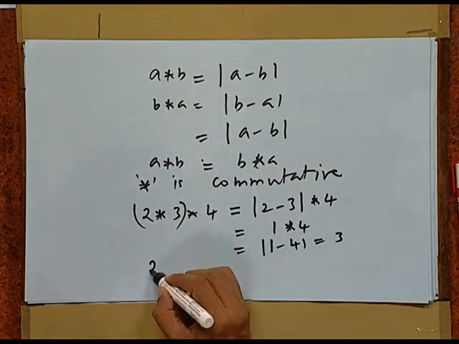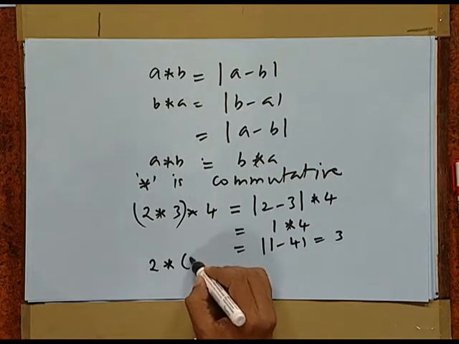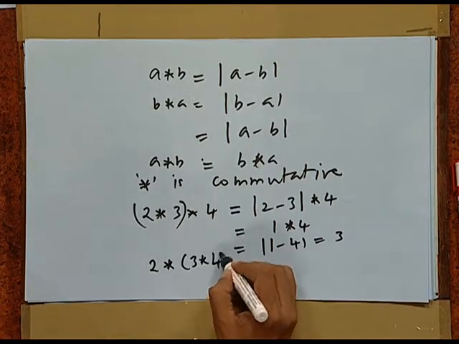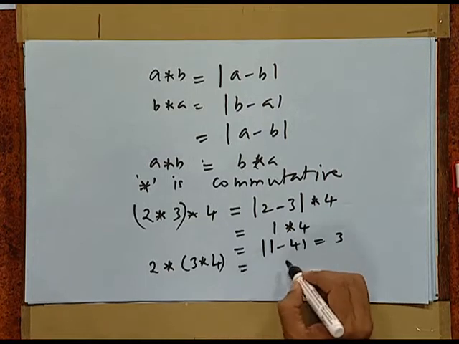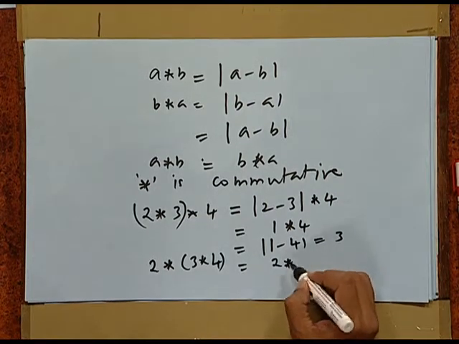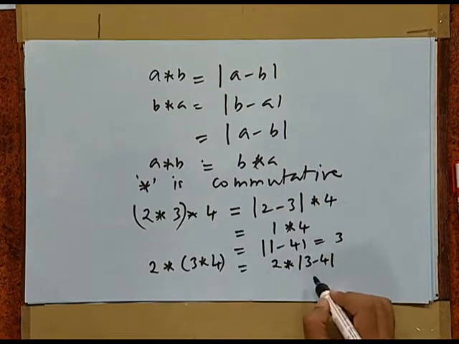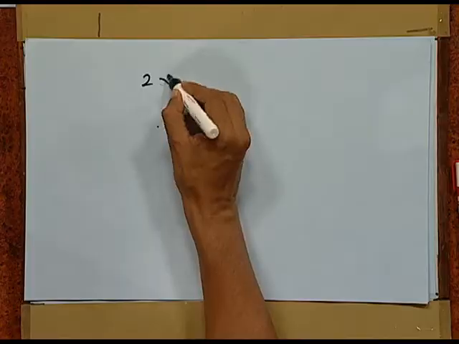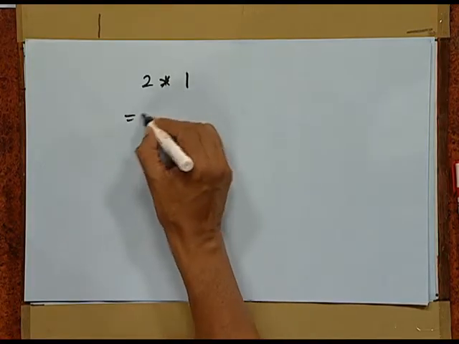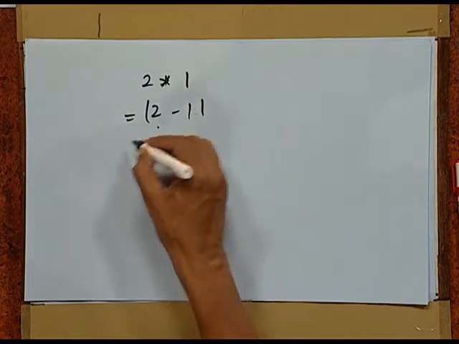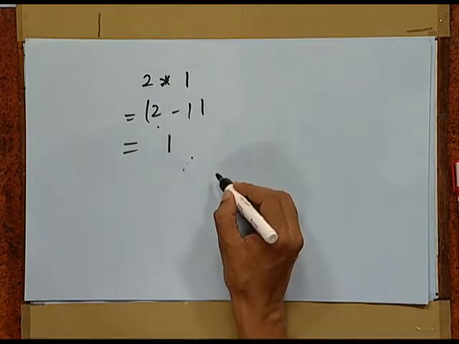Now take 2 star (3 star 4). This is 2 star mod 3 minus 4. So, this equals 2 star 1, that is mod 2 minus 1 equal to 1.